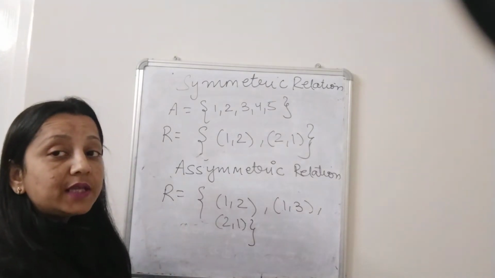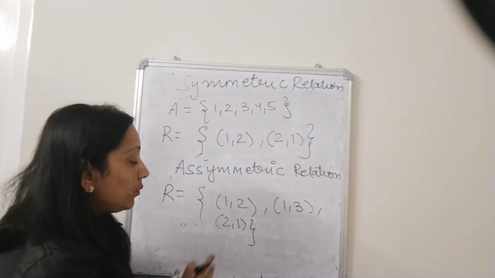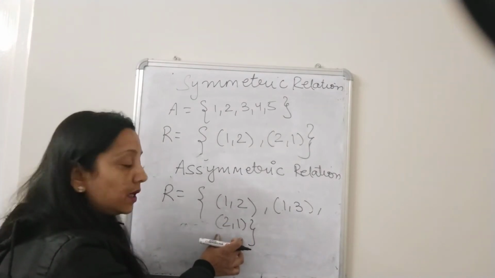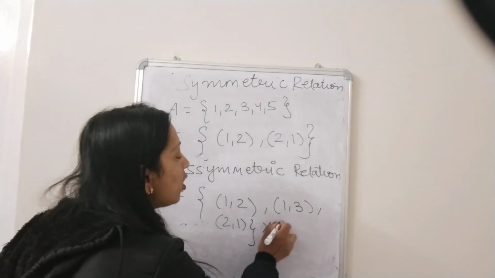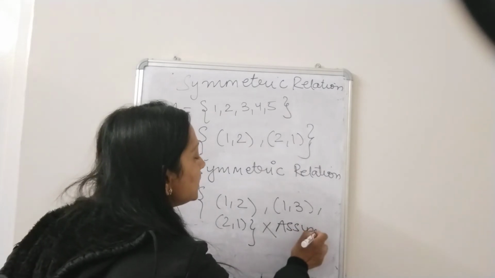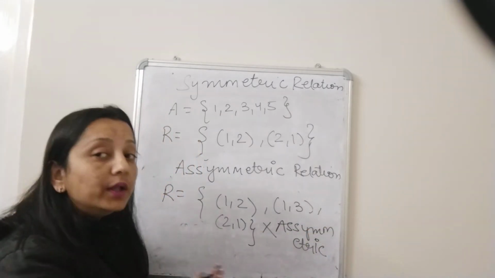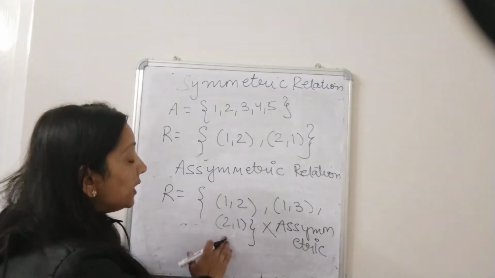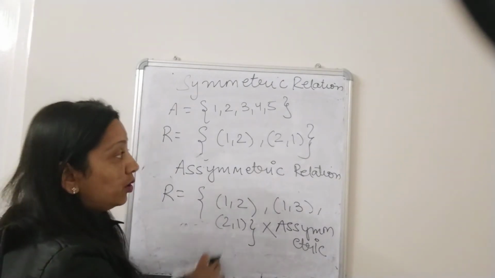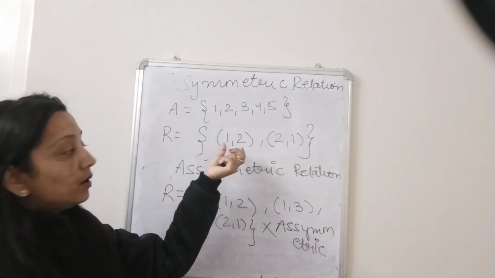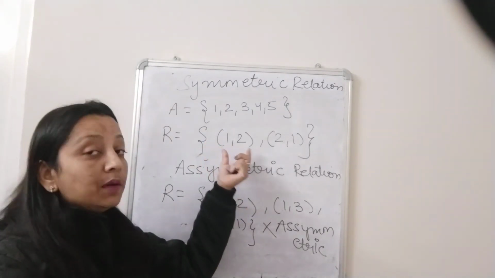So my condition is that for every element, even if for a single ordered pair its opposite is appearing, then it is not asymmetric, because this condition should hold for all the elements of set A. But in this case, it is not symmetric either, because for symmetric the condition is that for every ordered pair (a, b), (b, a) must exist.